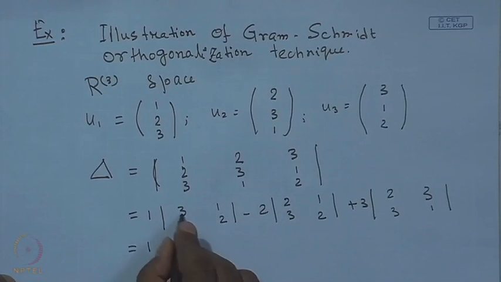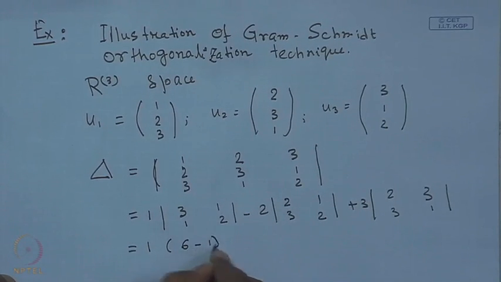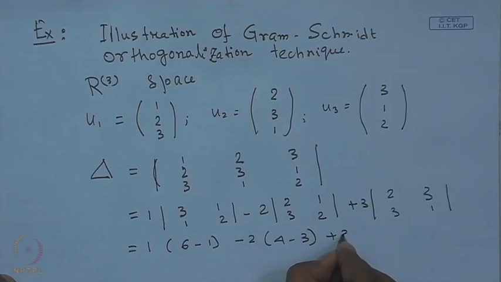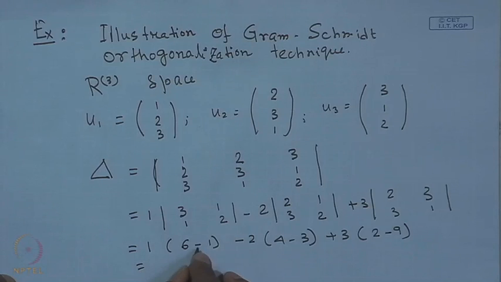So, it will be 1 into (6 minus 1), that is 5, minus 2 into (2 minus 3), plus 3 into (6 minus 9). So, this will be minus 7 into 3, that is minus 21.